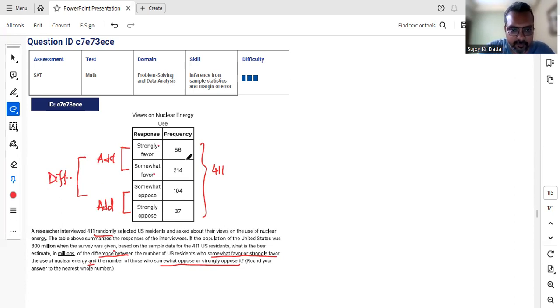So strongly favor, somewhat favor. In this case, if you add up, it adds up to 270. Okay, this adds up to 270, and this adds up to 141. So their difference is 129.